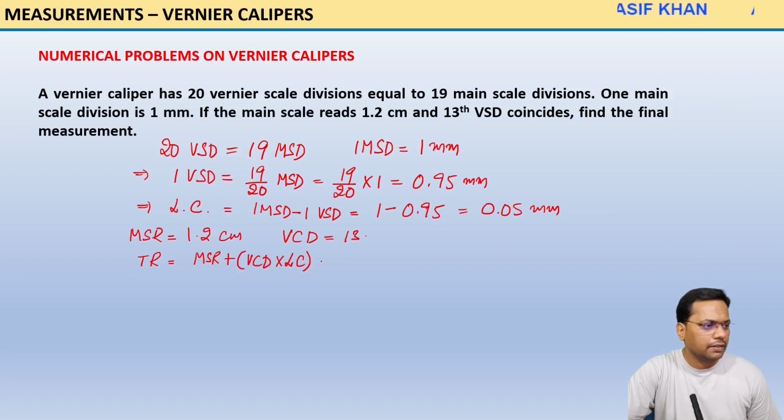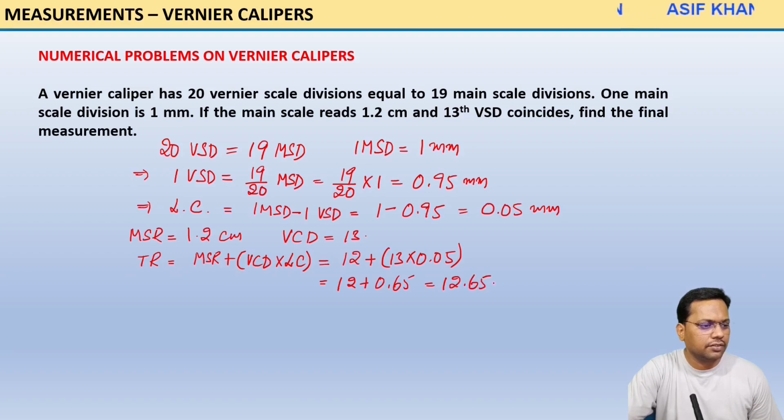That is MSR 1.2 centimeters, that is 12 mm, plus VCD 13 into the least count 0.05, that is equal to 12 plus 0.65. So 12.65 is the final reading, in millimeters.